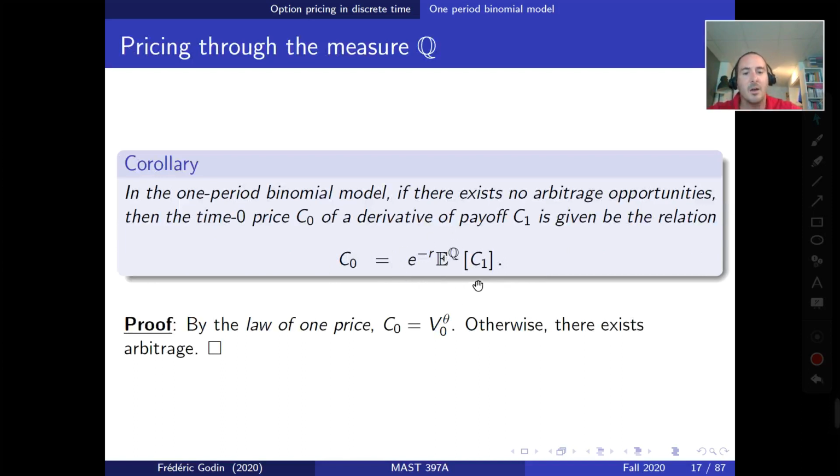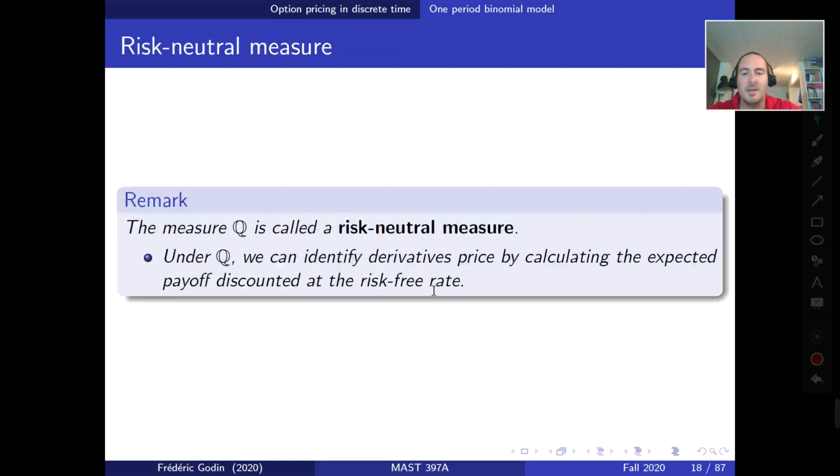Because under this measure the discount factor to price derivatives is the risk-free rate, this measure Q is often called a risk-neutral measure. So in a nutshell, under that measure Q, we can price derivatives simply by calculating the expected payoff discounted at the risk-free rate. Okay, so risk-neutral means we can discount at the risk-free rate.